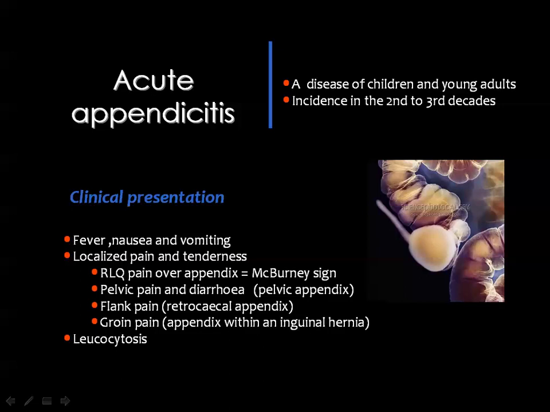Then we came to acute appendicitis, and you know that this is a disease which is common in children and young adults, and the clinical presentation is well known for all of you, which includes fever, nausea and vomiting, localized pain and tenderness in the right iliac fossa, and many times you should have leukocytosis.